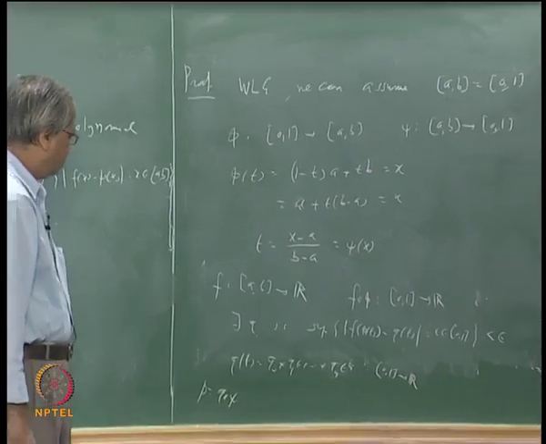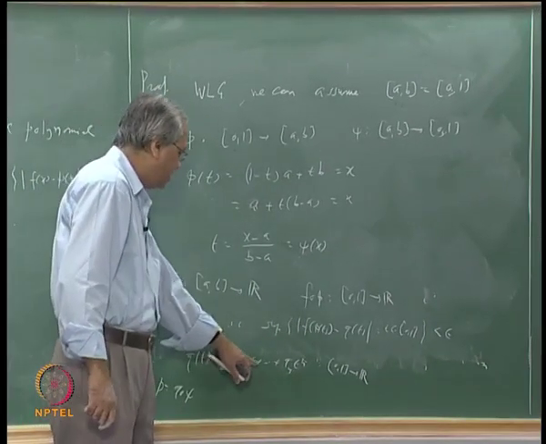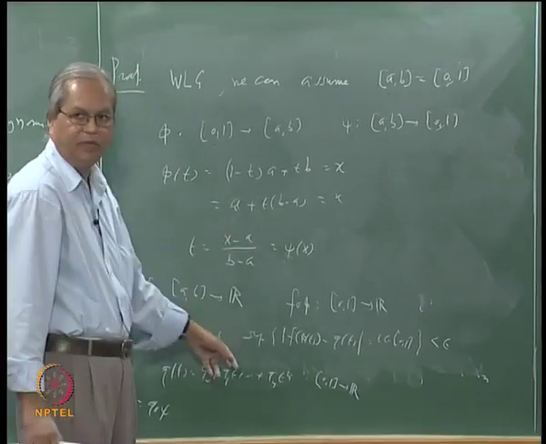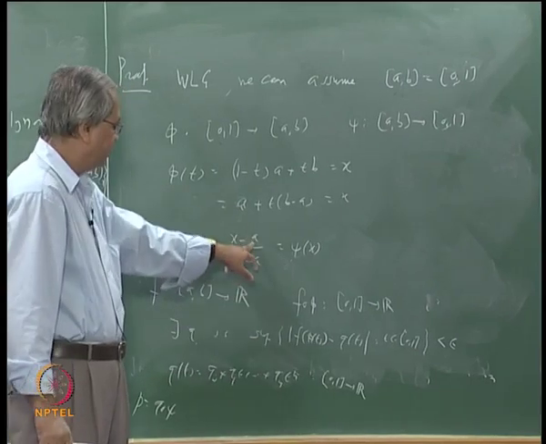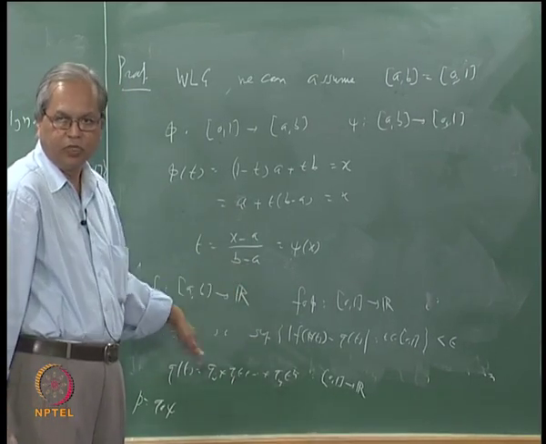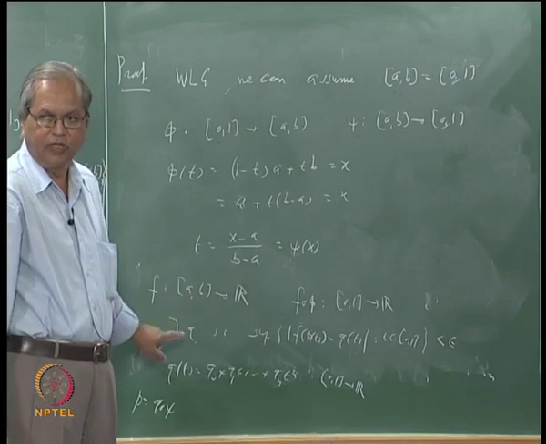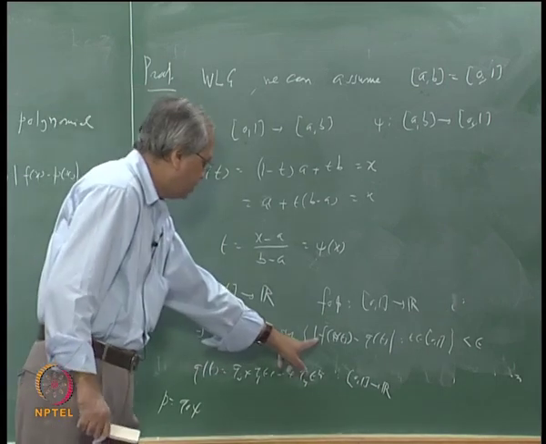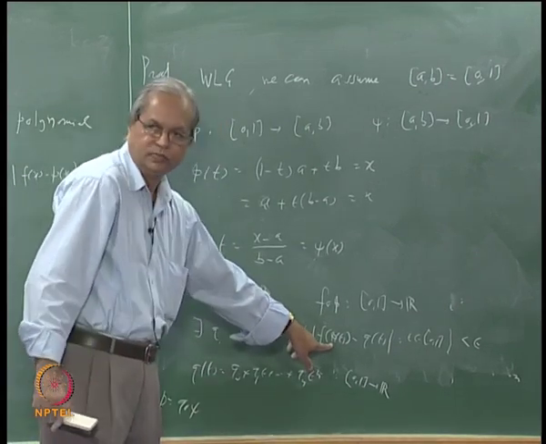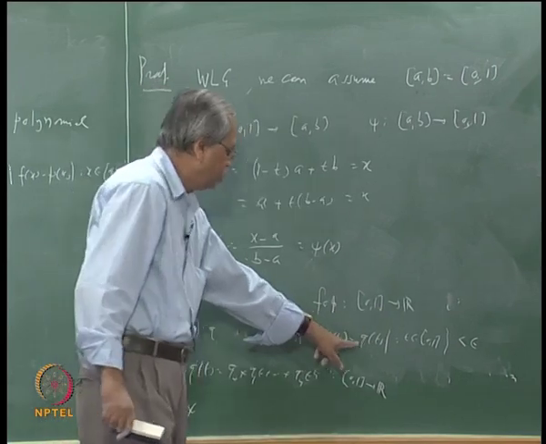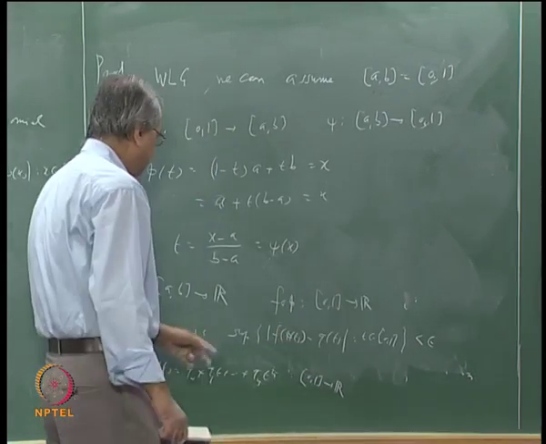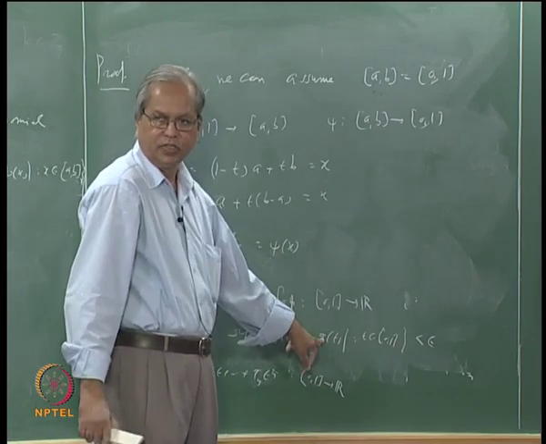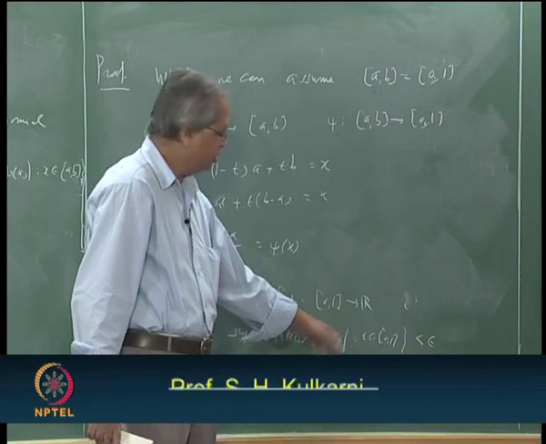So p of x will be q naught plus q1 t etcetera, where for each t you substitute x minus a divided by b minus a, and for t square it will be x minus a squared divided by b minus a squared. It will be a polynomial in x. Also f of phi t is nothing but f of x, and q of t is nothing but p of x, so that also will be less than epsilon.